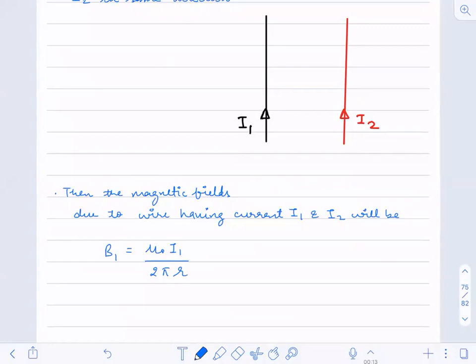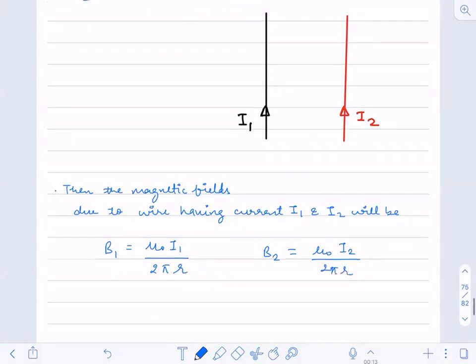Similarly, B2, the magnetic field created by wire 2, because it is a current carrying wire, I can write as mu naught I2 divided by 2 pi r, where r is again a distance.